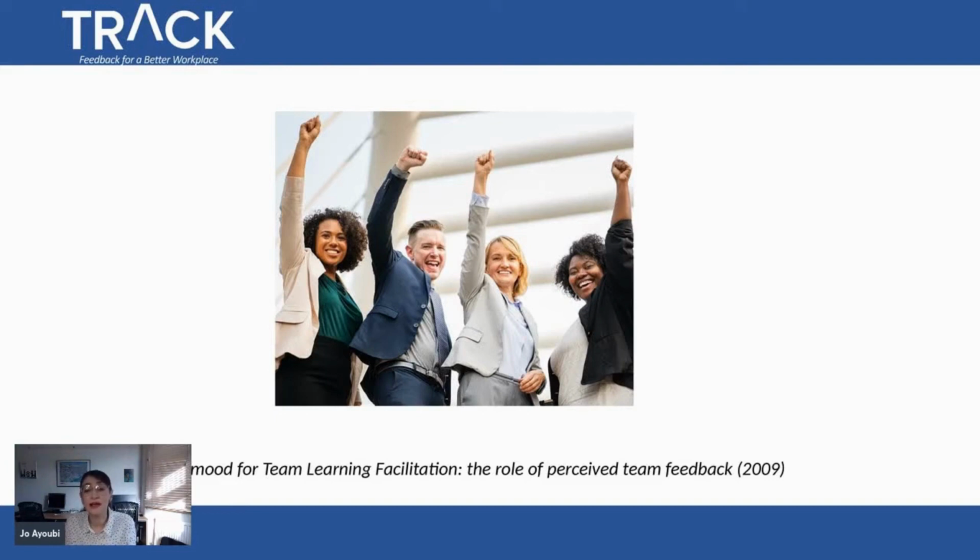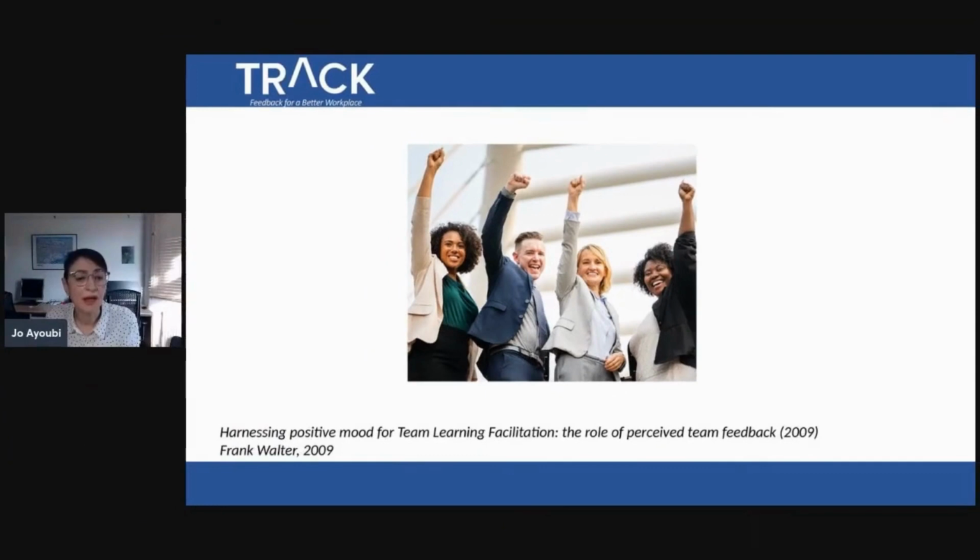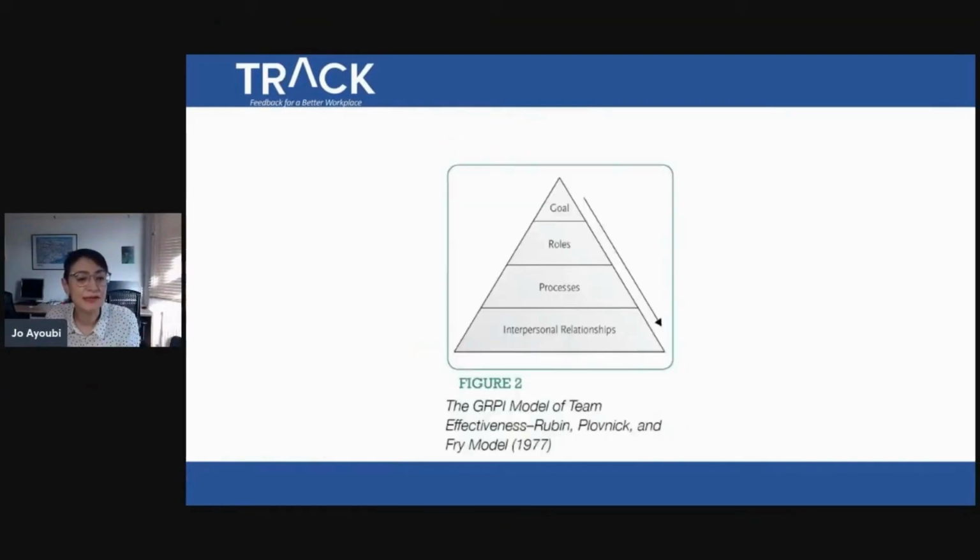And you'll also find that there are a lot of common themes in these models, so they're all very good, but they also tend to cover the same kind of themes. So if I take you to, for example, the first one, it's called the GRPI model of team effectiveness.